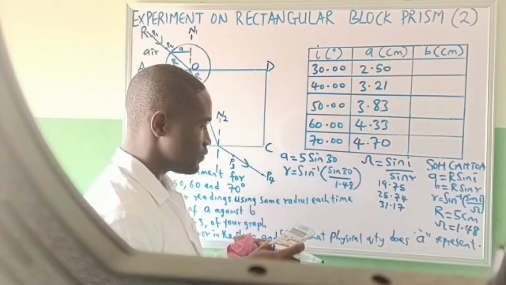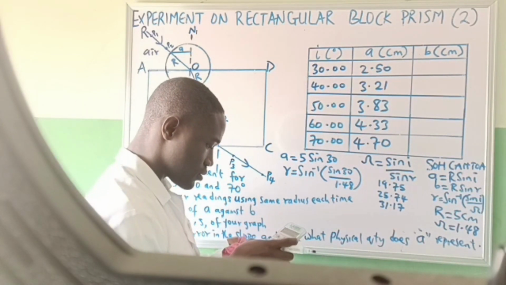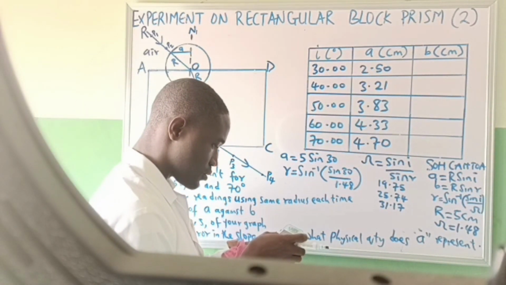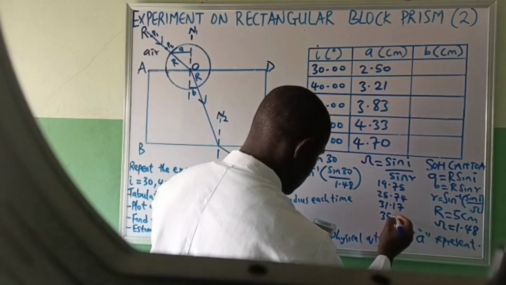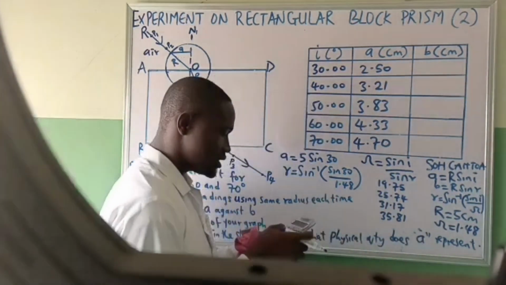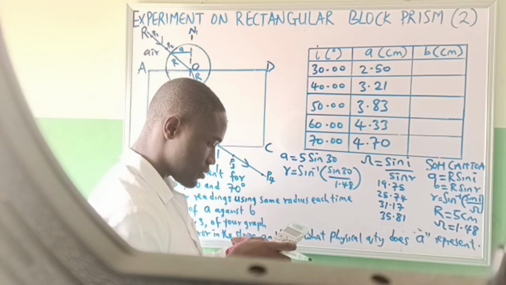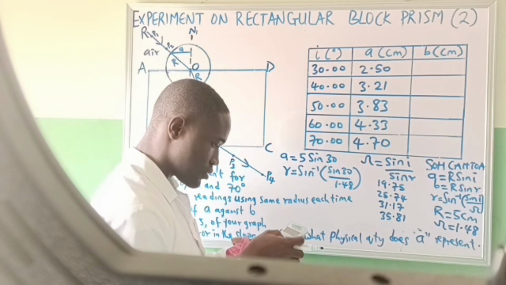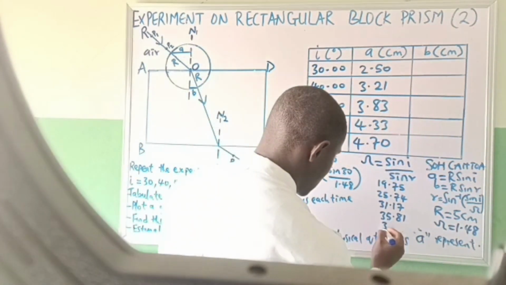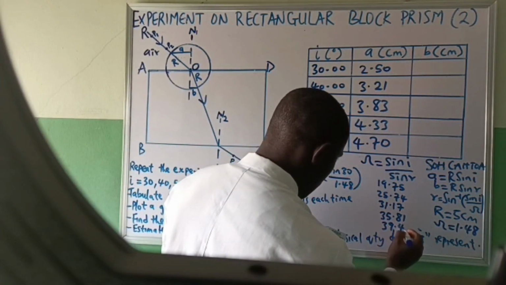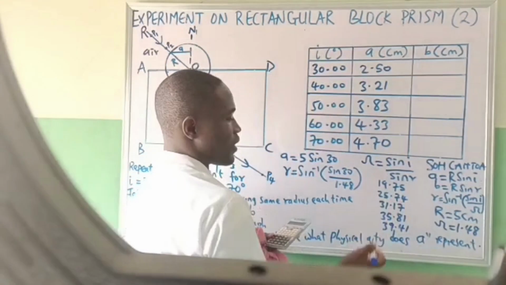We change 50 to 60: 35.81. We change 60 to 70: 39.41. So these are the values of your angle of refraction.